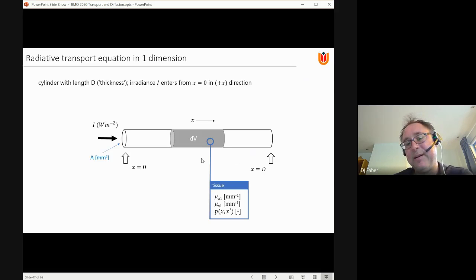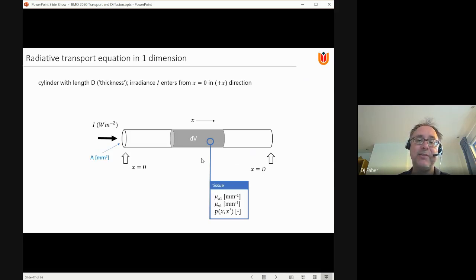And then we can define some properties in that volume element. We can define an absorption coefficient, mu a, and I've added the subscript 1 there to keep in mind that we're looking in one dimension only. We can have a scattering coefficient there, also per millimeter, and we can define a phase function. Normally the phase function would describe how light is scattered from one direction into another direction in 3D.